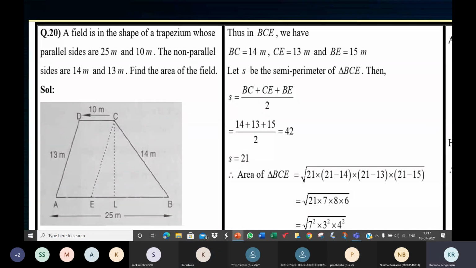BCE is the triangle. And CL is the altitude of the triangle, the altitude to the side BE in triangle BCE. So we have one parallelogram AECD and triangle BCE.